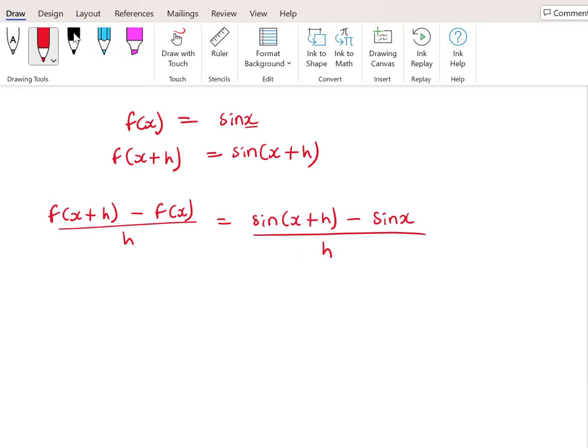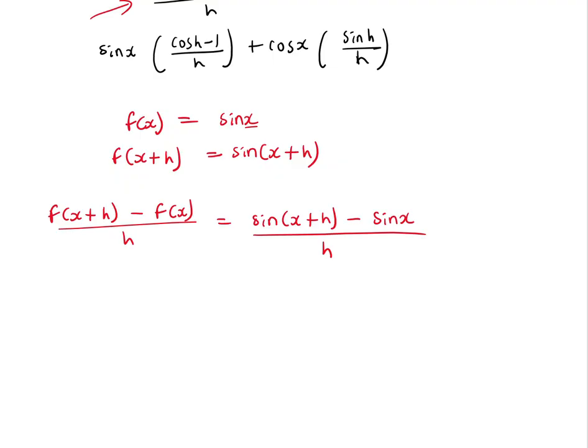Now I'm given an identity here, a trigonometric identity, for sine x plus h. So how can I split that?